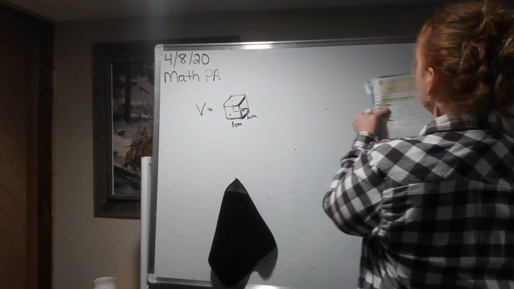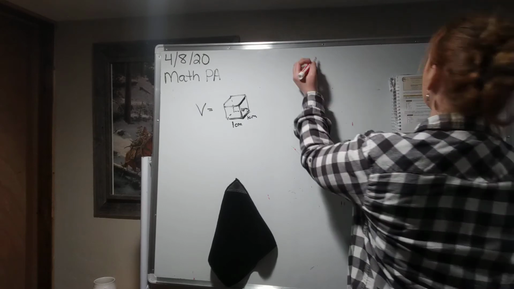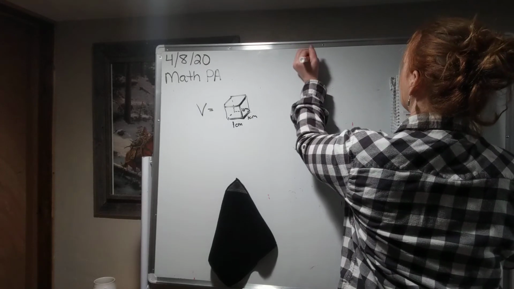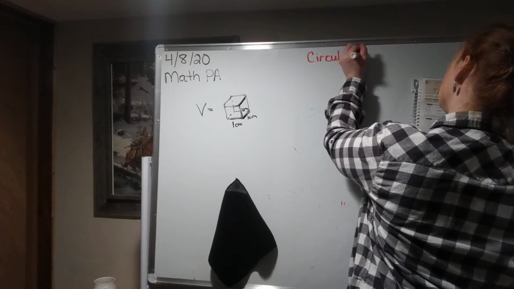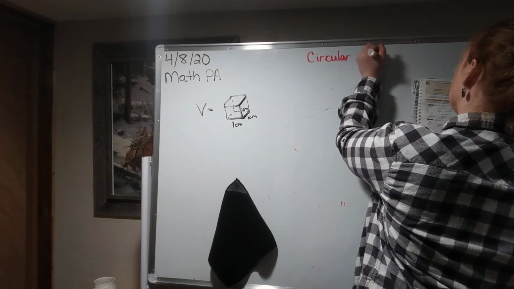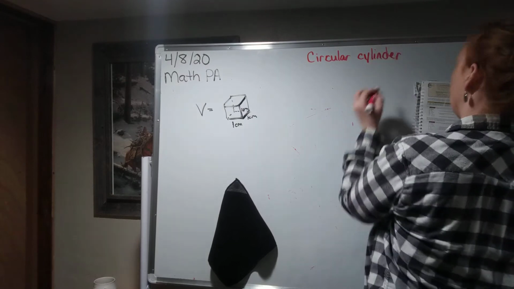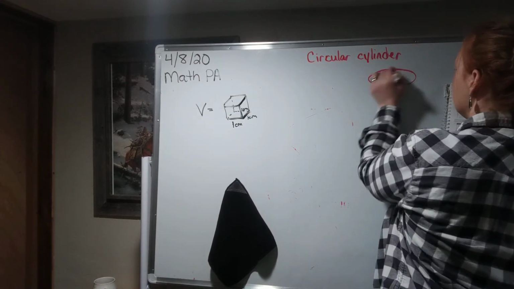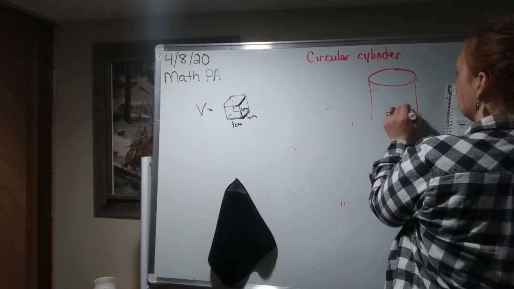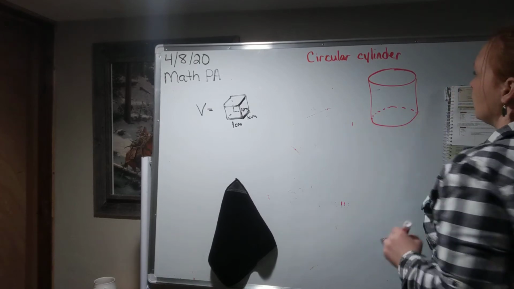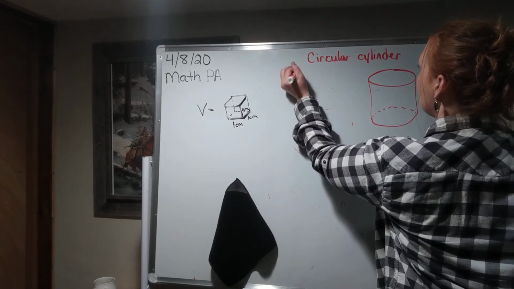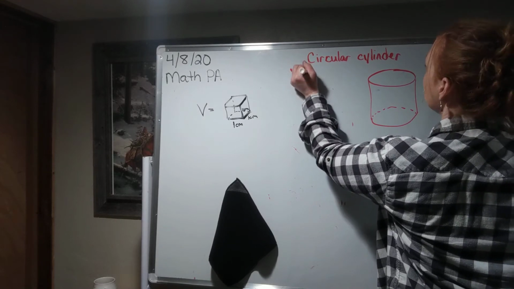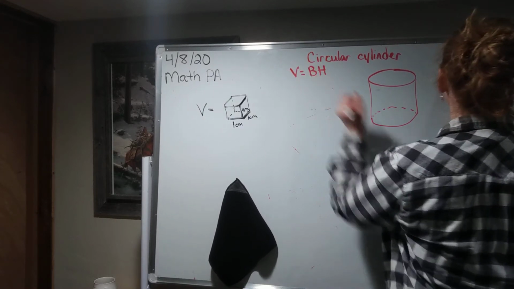And so let's look at our formula for a circular cylinder. Okay, and a circular cylinder is something like this. Okay, it's that 3D object, and it's the volume equals B times H.